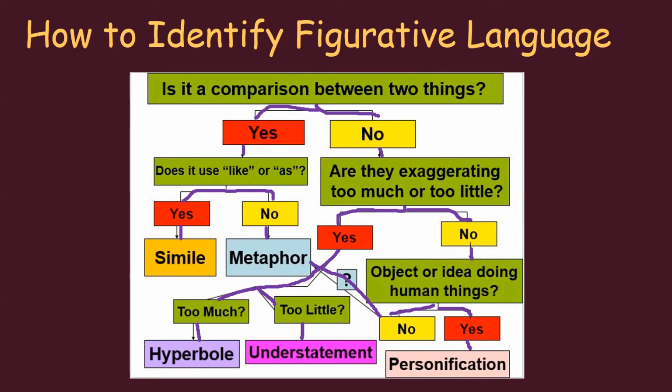If not, is that object or thing doing human traits? If it is, then that is personification, and if it is not, then that is a metaphor. So when you're trying to identify figurative language, if you ask yourself those questions, then you should be able to figure out if, in fact, the language that you are reading is indeed figurative language.